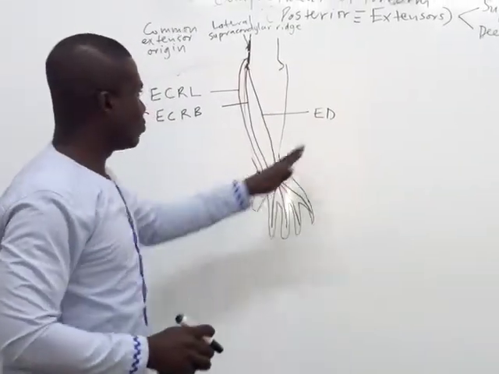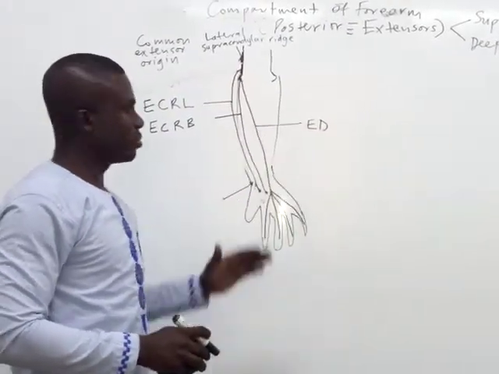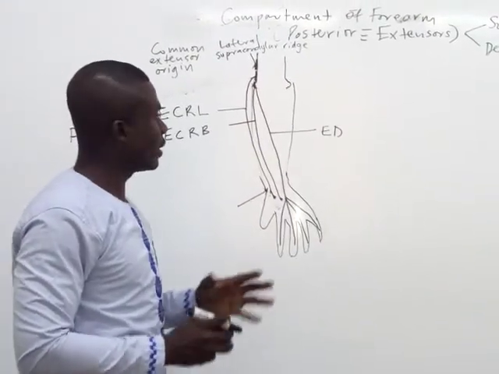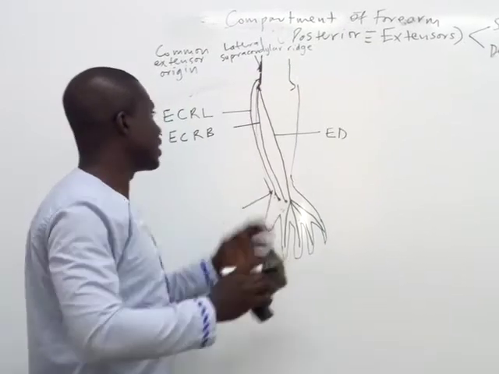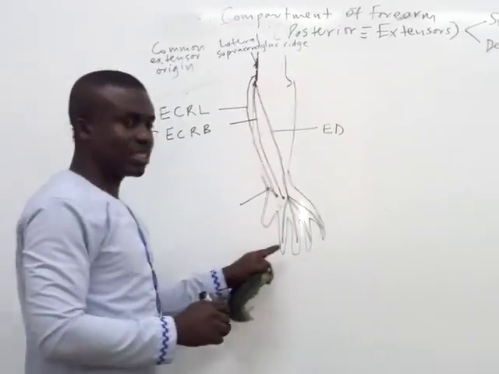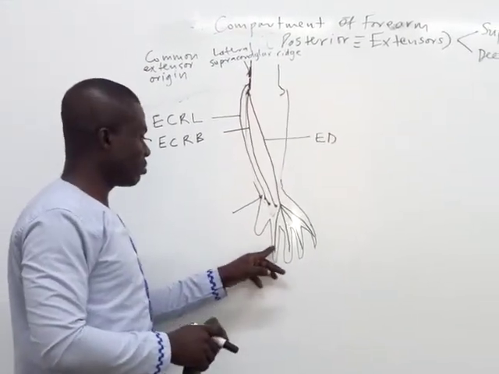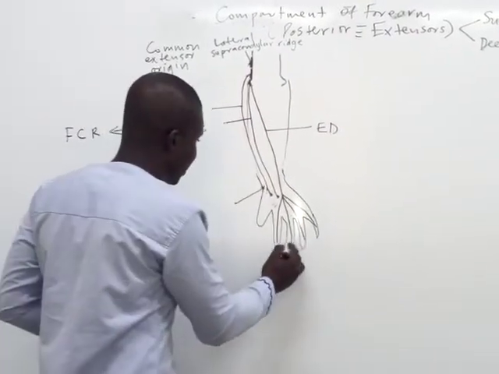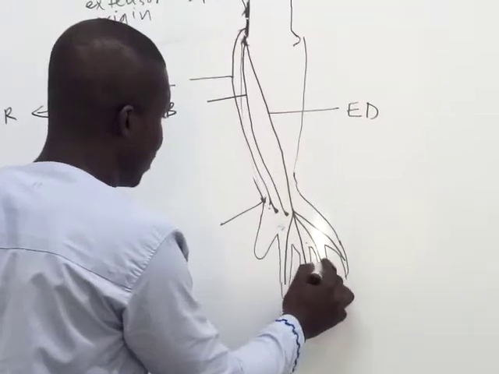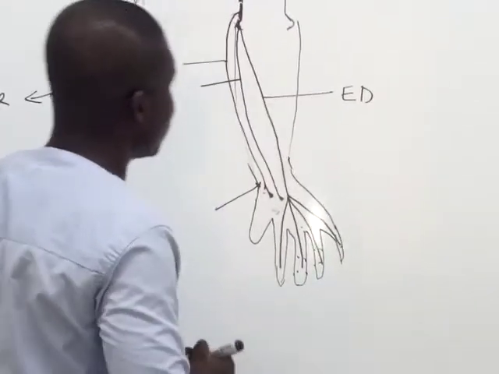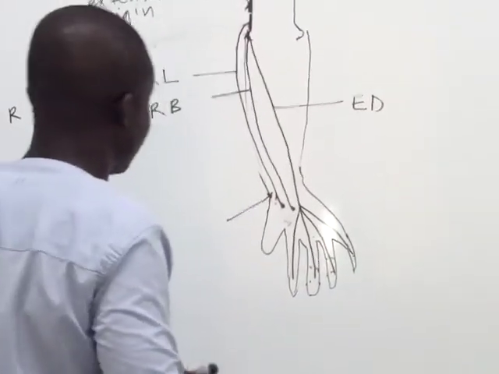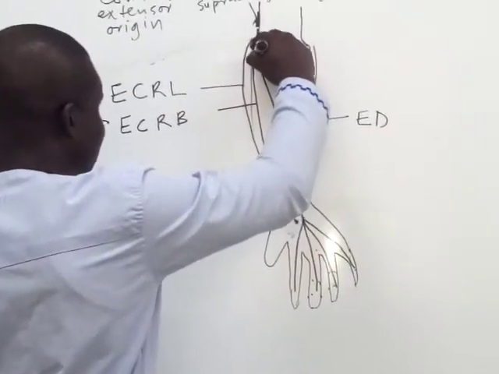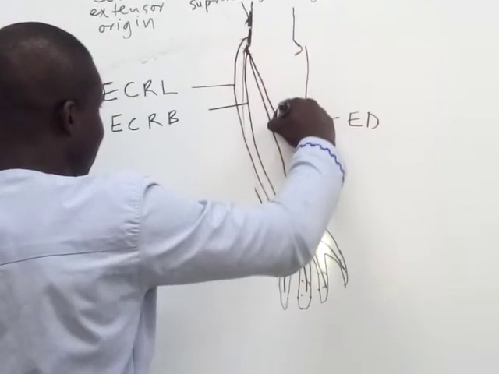Remember that we don't have extensor digitorum longus or brevis or profundus and superficial, just extensor digitorum. It inserts at both the middle and the distal phalanges. So that's how the insertion happens. So that's extensor digitorum.